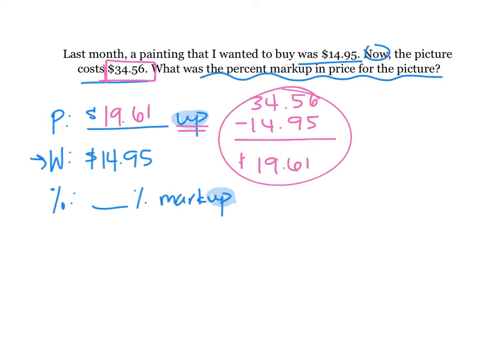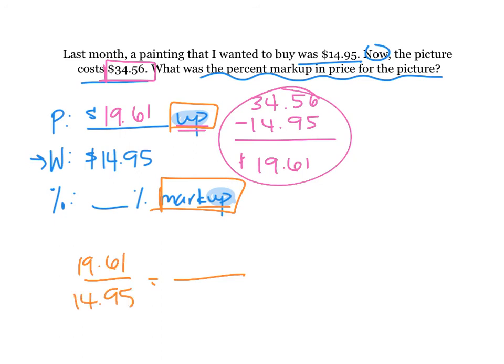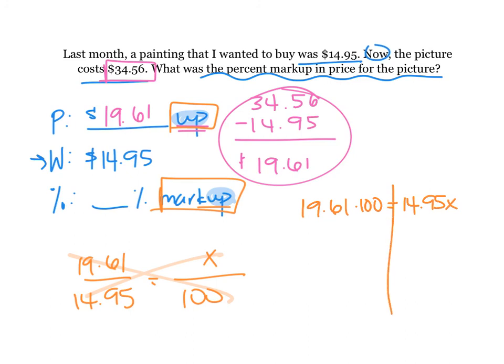But now that we have the up and the up matching for the part and the percent, we can set up that proportion. Part, 19.61 up over 14.95 is some percent over 100. We can go ahead and cross multiply just like always, so we would get 1961 times 100 equals 1495x. 1961 equals 1495x. Divide by 1495 to get x alone.